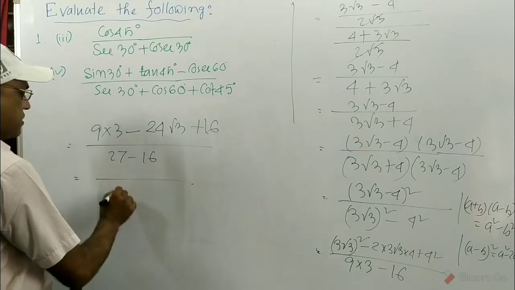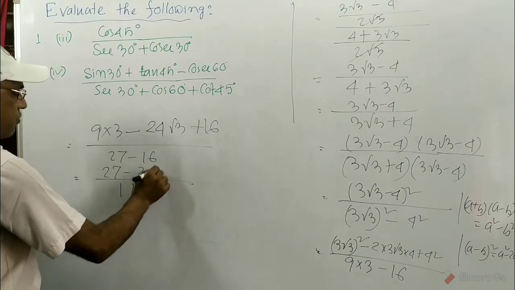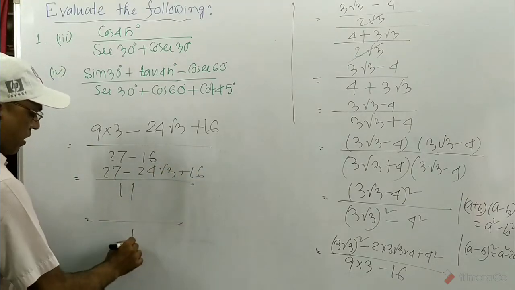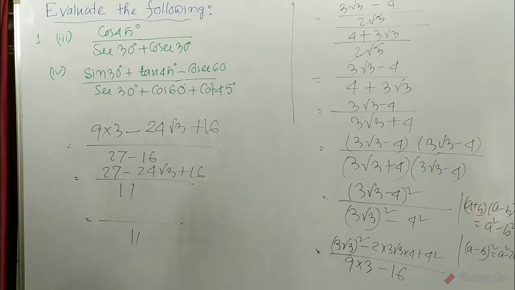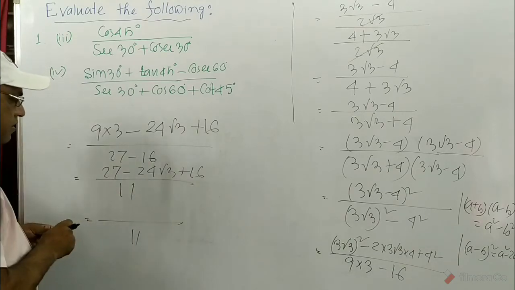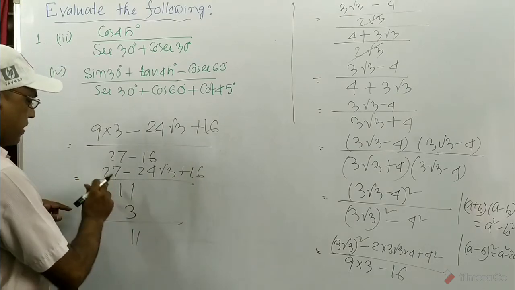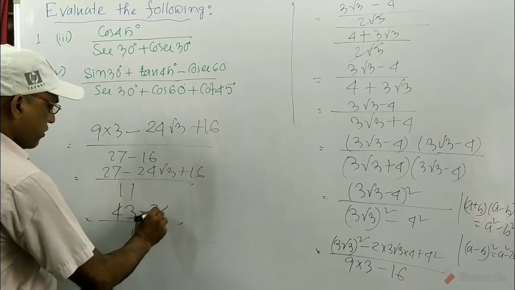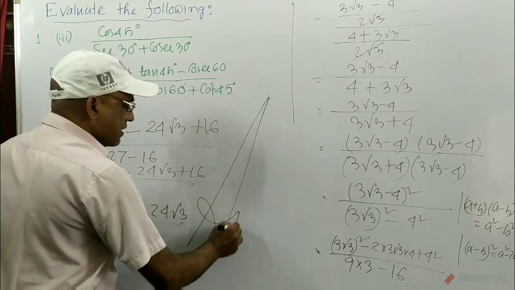Next, this is 27 minus 24 root 3 plus 16, and the denominator will be 11. So we get 43 minus 24 root 3 over 11, and this is our answer.